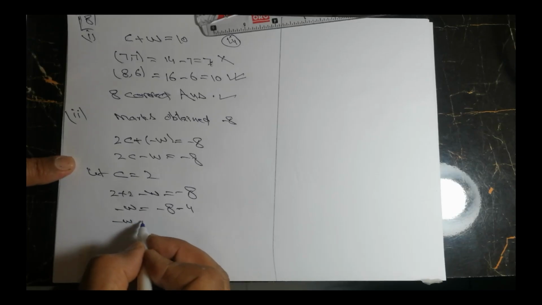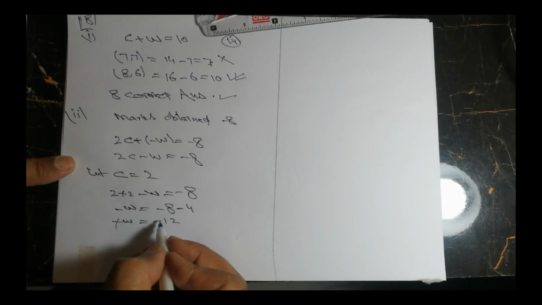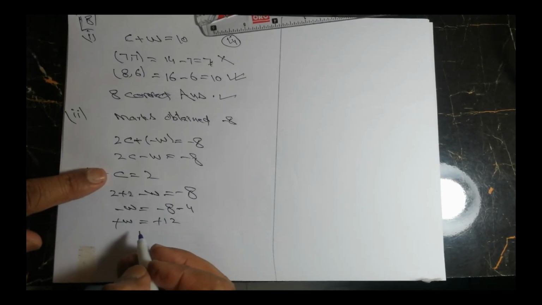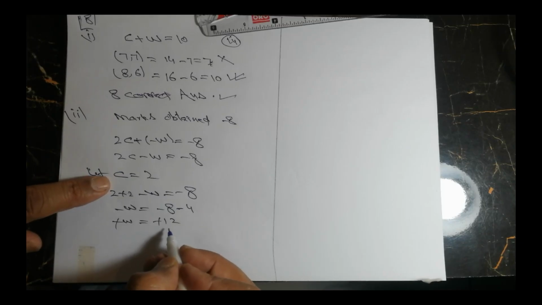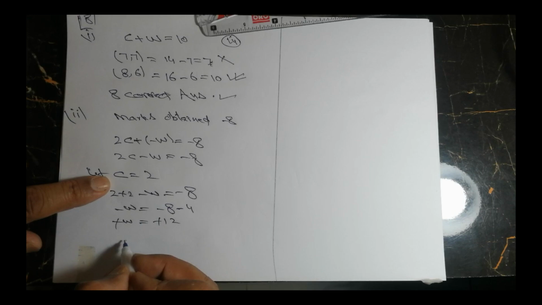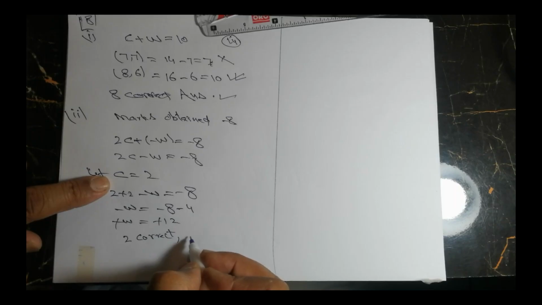So minus w equals minus 12. So when we put the value of c as 2, we got the value of w, that is 12. So 2 correct and 12 wrong.